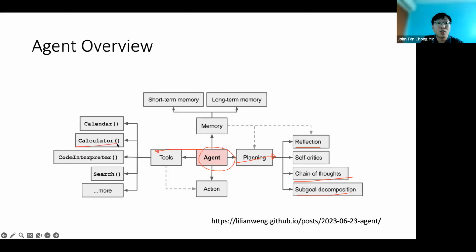For example, we showed the calculator tool just now. We can also augment the agent with some memory so that the agent knows what has been done before and can use this for decision making. This memory is more or less the focus of my research right now. My work on learning fast and slow is about augmenting neural networks with memory, because I believe memory is the way we learn fast.